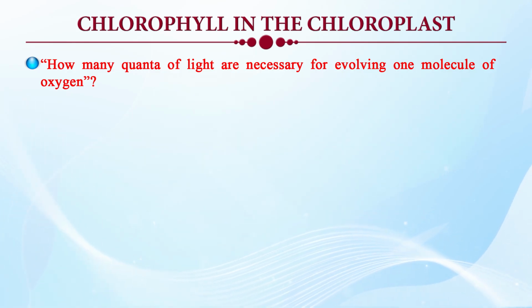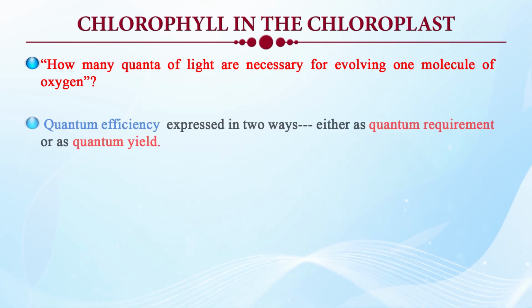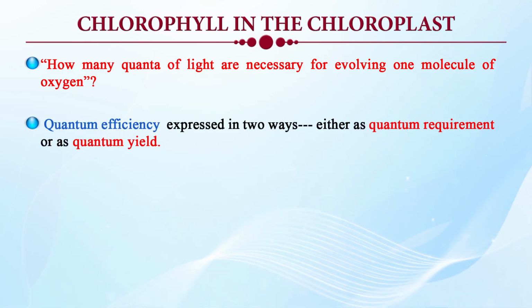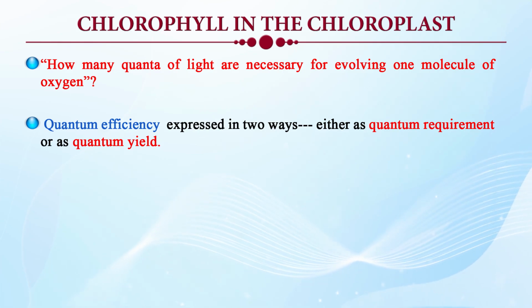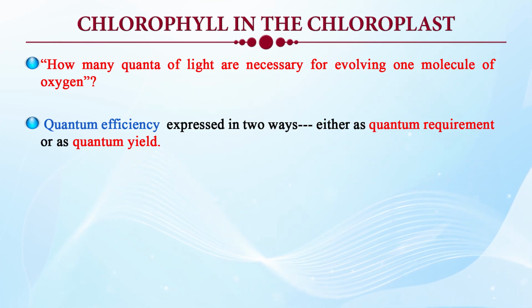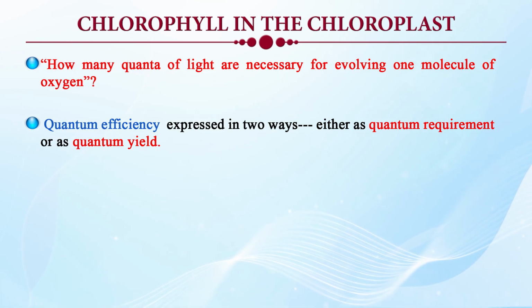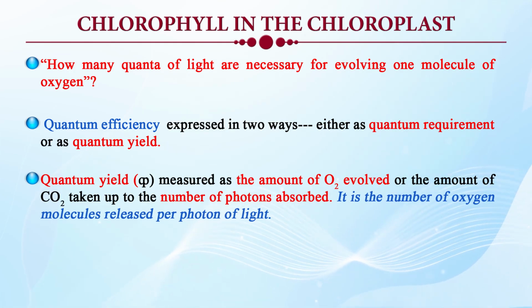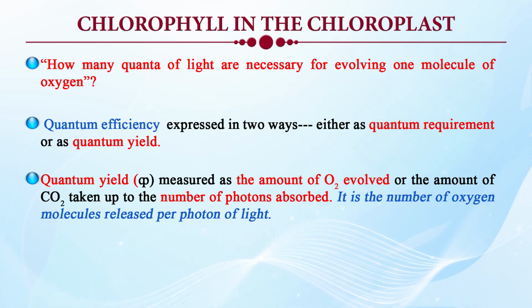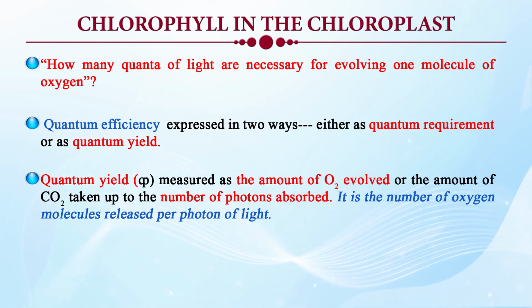equations and terms. The first term is quantum efficiency, which we say is also the quantum requirement and the quantum yield. It can be expressed in both ways. Quantum yield, which is designated by the Greek symbol phi, is measured as the amount of oxygen evolved or the amount of carbon dioxide taken up to the number of photons absorbed.